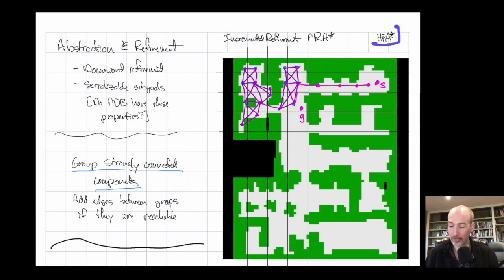But it's very similar. HPA star was by Botea, Martin Mueller, and Jonathan Schaeffer. And PRA star was myself and Michael Burrow who developed that, and we developed this several years before I then went and put it into the Dragon Age engine.